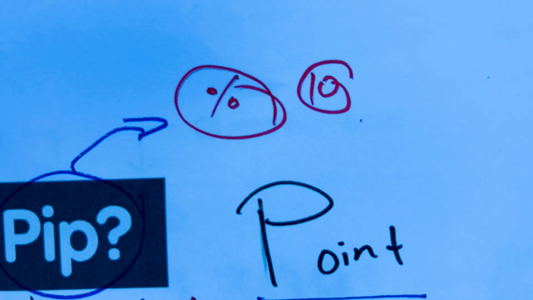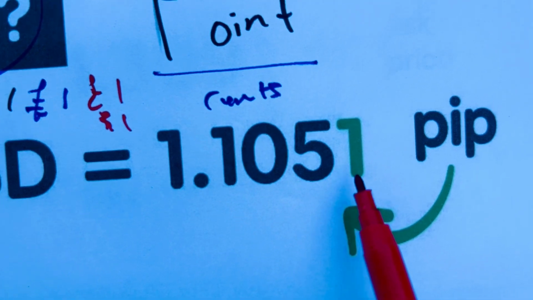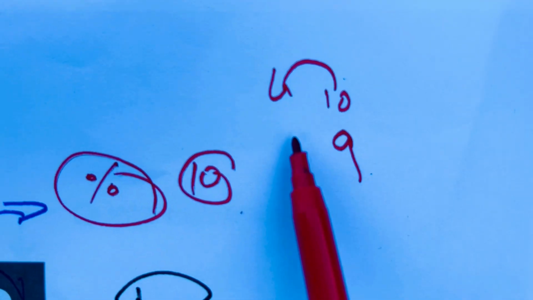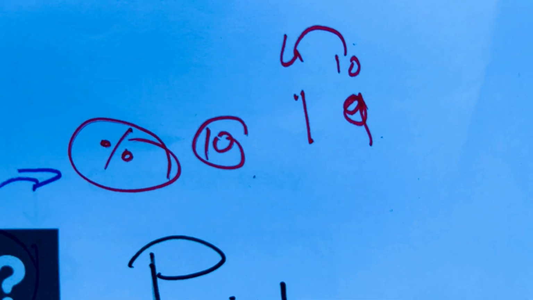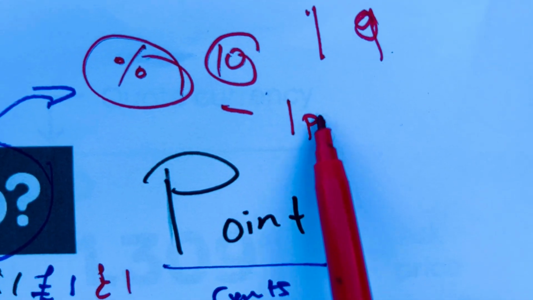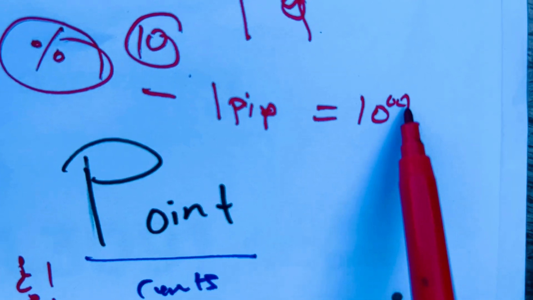Each time a number goes from 9 to 10, it changes to 0 and we carry 1 to the next side. I trust you understand. So 1 pip is equal to 10 points.